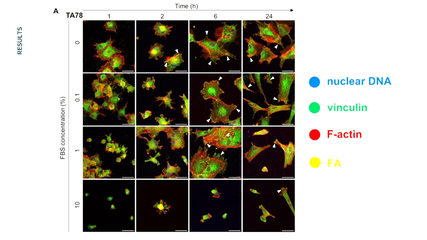And here you can see the cells that were cultured in serum-free medium, 0.1%, 1%, and 10%, and we incubated the cells for 1 hour, 2 hours, 6 hours, and 24 hours. The cells were stained with phalloidin to visualize the cell cytoskeleton. This is the red color. They were also stained for nuclear DNA, so you can see the nuclei in blue.